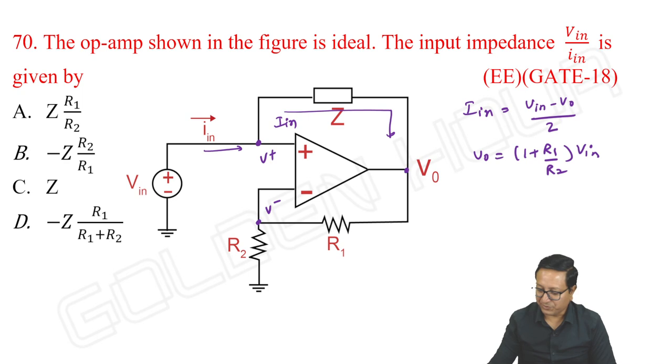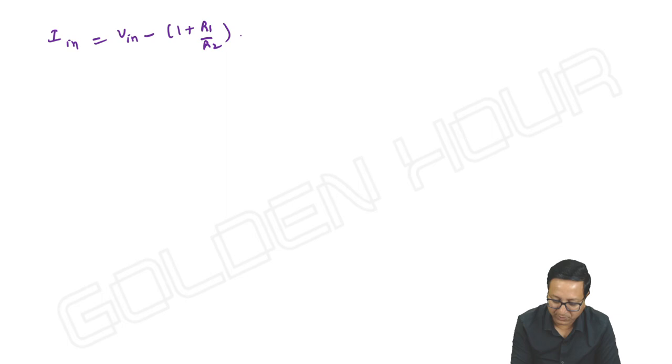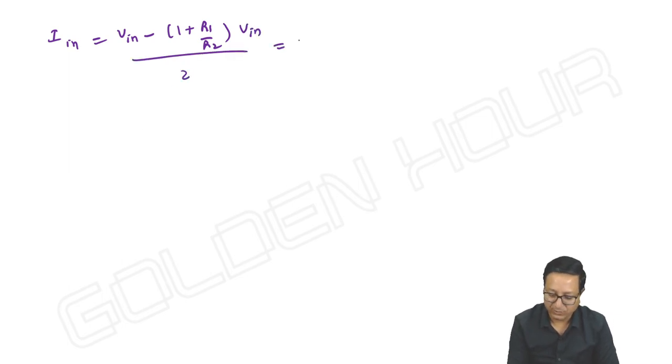Then let us substitute in that equation. So I input is equal to V in minus V output, that is 1 plus R1 by R2 into V input, by Z. So what do we get here? It is minus R1 by R2 into V input by Z.